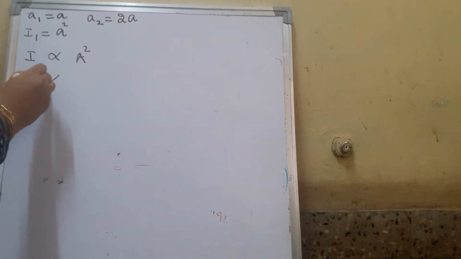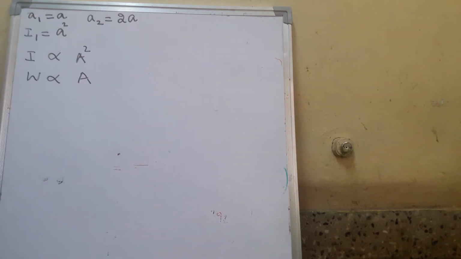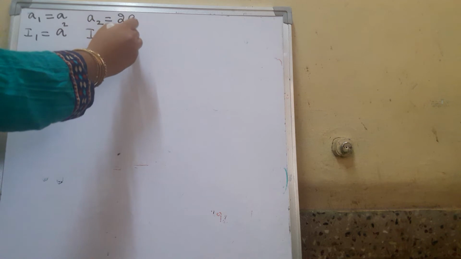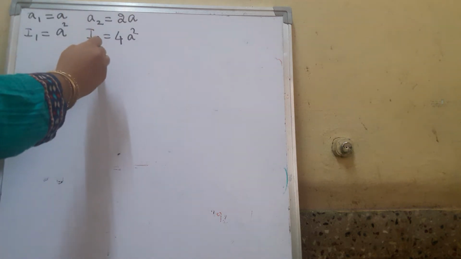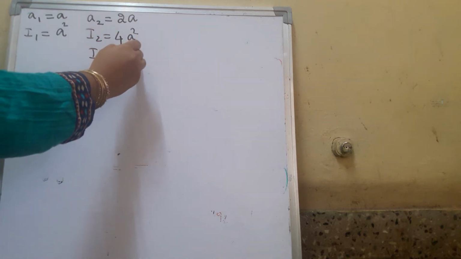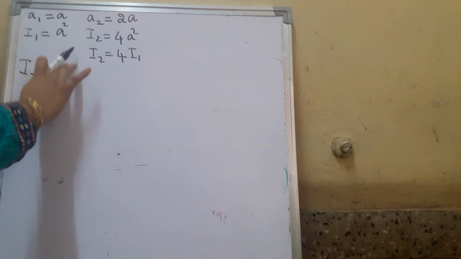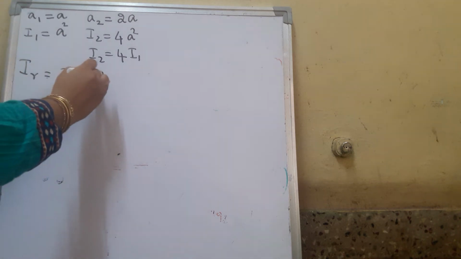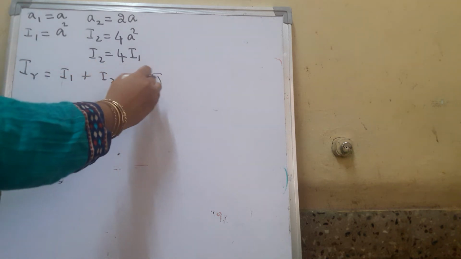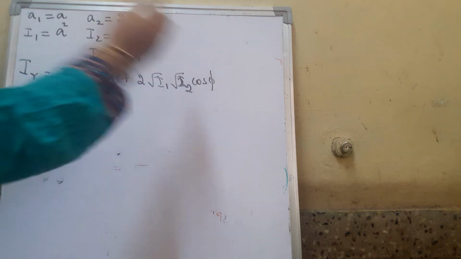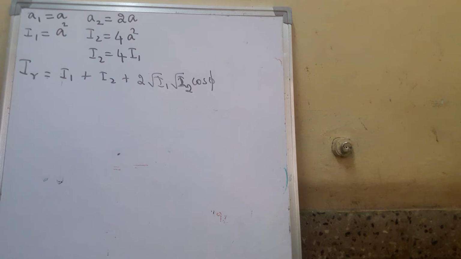Now we are going to find the intensity. So I2 will be 4 times A square, or I can say I2 is 4 times I1. Nothing wrong, right? Now what will the resultant intensity be? That is I1 plus I2 plus 2 times square root of I1 times square root of I2 times cos phi. Do you agree?